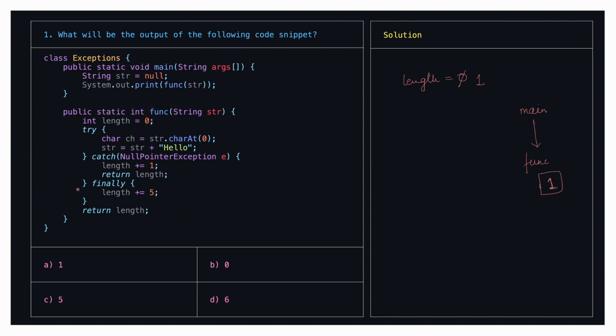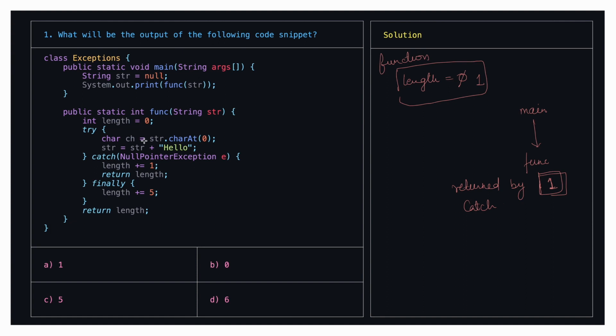That means it will wait for this finally block to be executed. Now there are two things: first one is this length variable which is inside the function, and second is this value which is returned by the catch block, right?